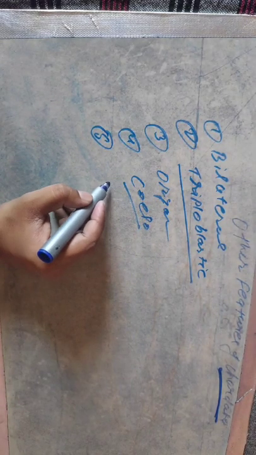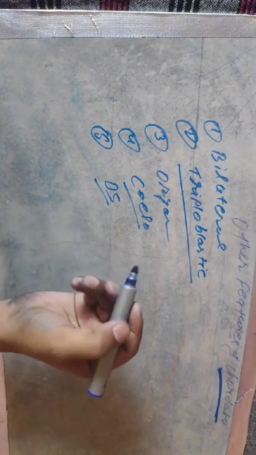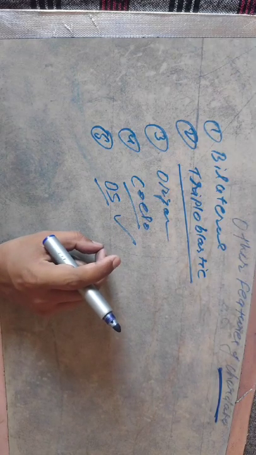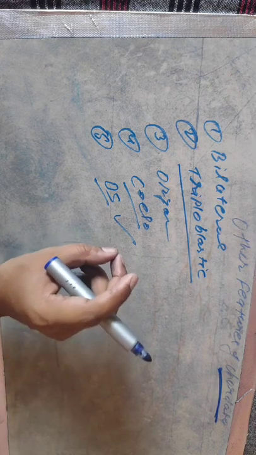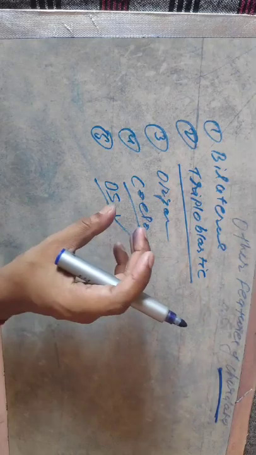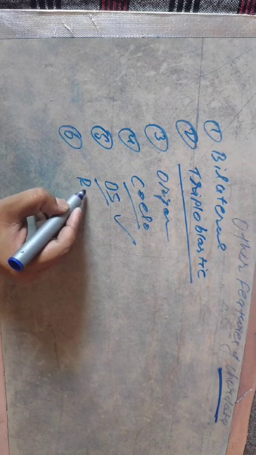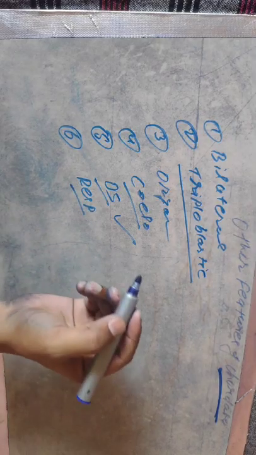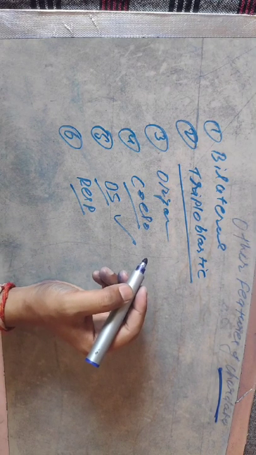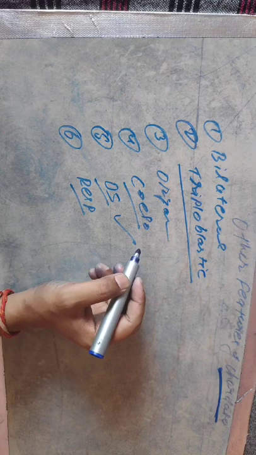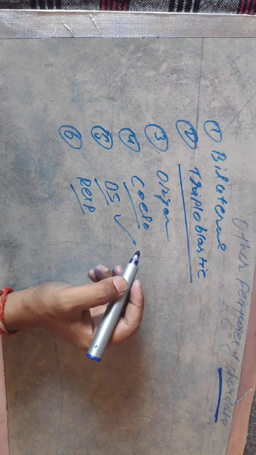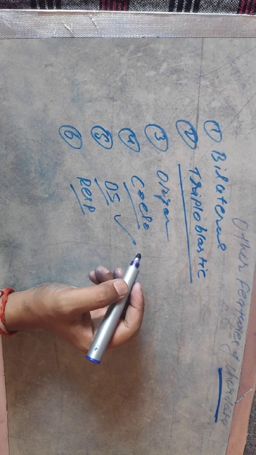And the fifth one is that the digestive system is well developed, and nutrition is holozoic, that is they feed on solid food materials. The sixth one is the respiratory system, mostly through lungs. In lower chordates like fishes, they have well developed gills, so they respire through gills.